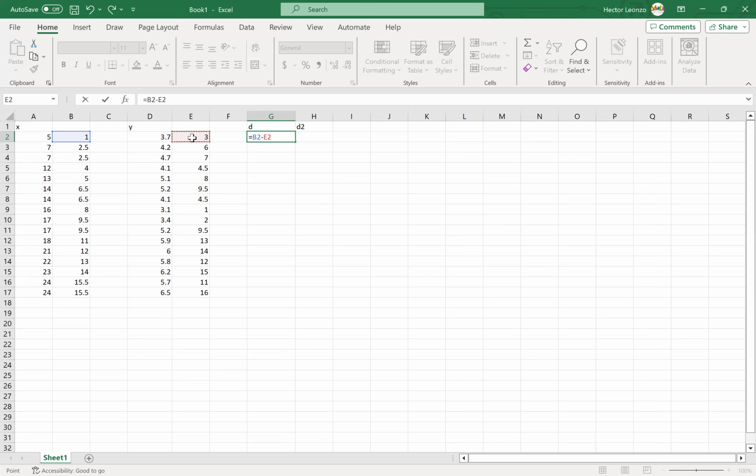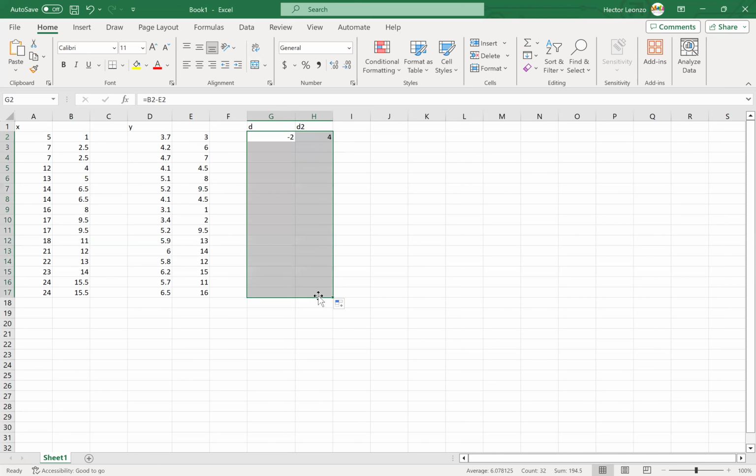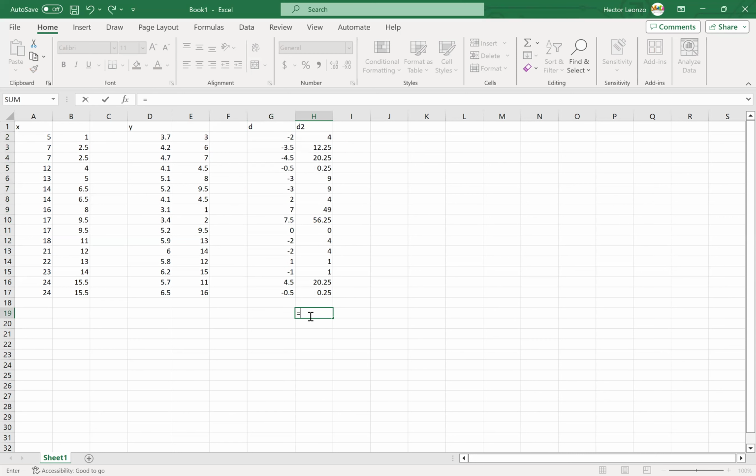I'm subtracting the rankings. And then here I go this number times this number. I highlight these because I want the formulas to be repeated. And then here at the bottom, I'm going to go sum, and I'm adding my D squares.